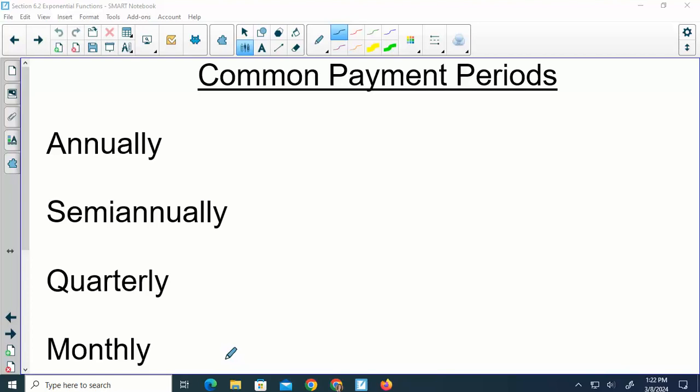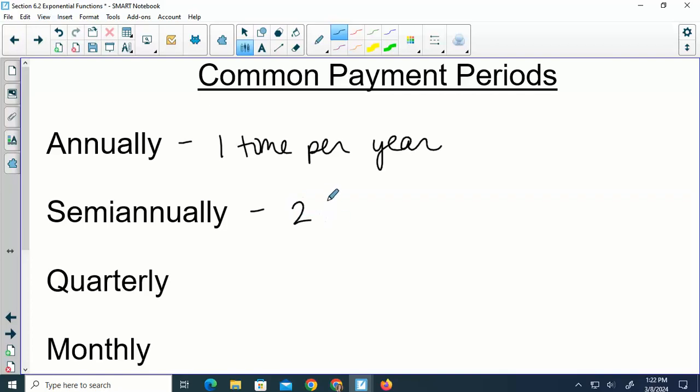About interest. So let's just make sure we know what some of these common terms mean. What does it mean if I say annually? Yearly. So one time per year. Semi-annually? Every 2 years? Or twice every year? Twice every year. Quarterly would be? 4 times per year.